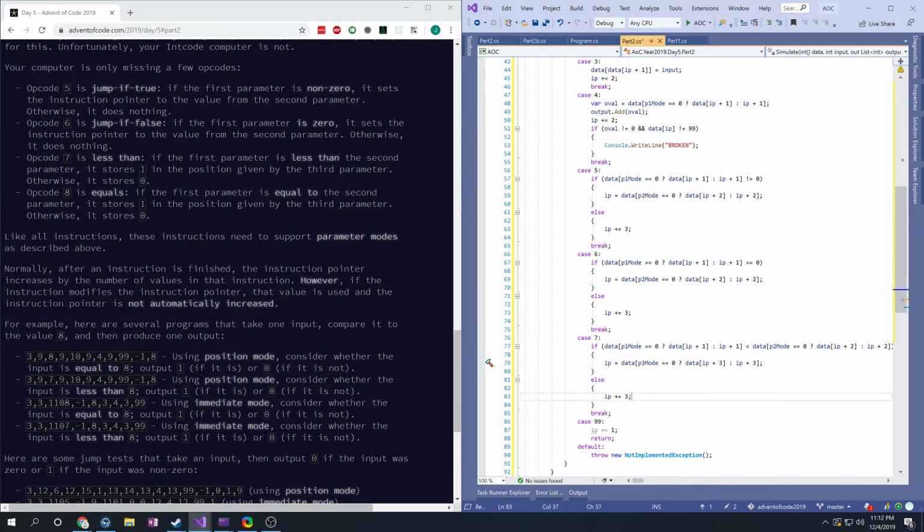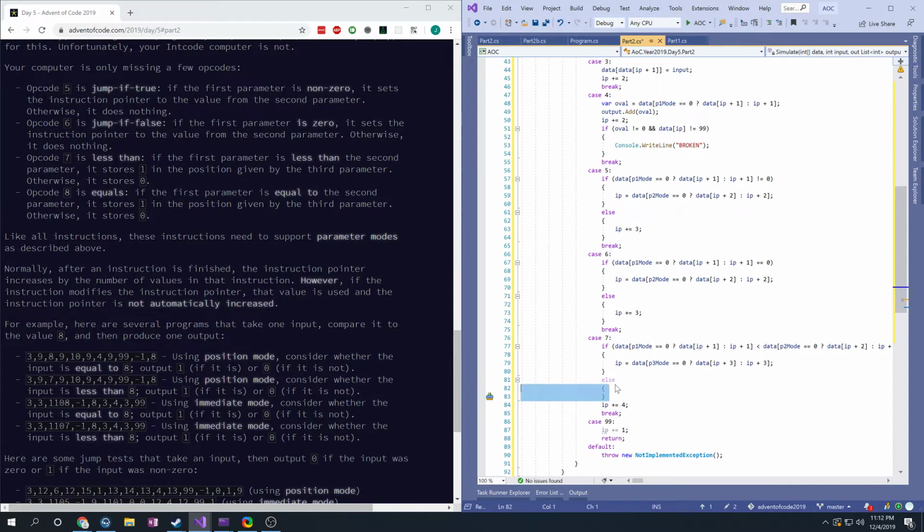We're not modifying the instruction pointer. If less than, it stores a 1 in the position given by the third parameter.